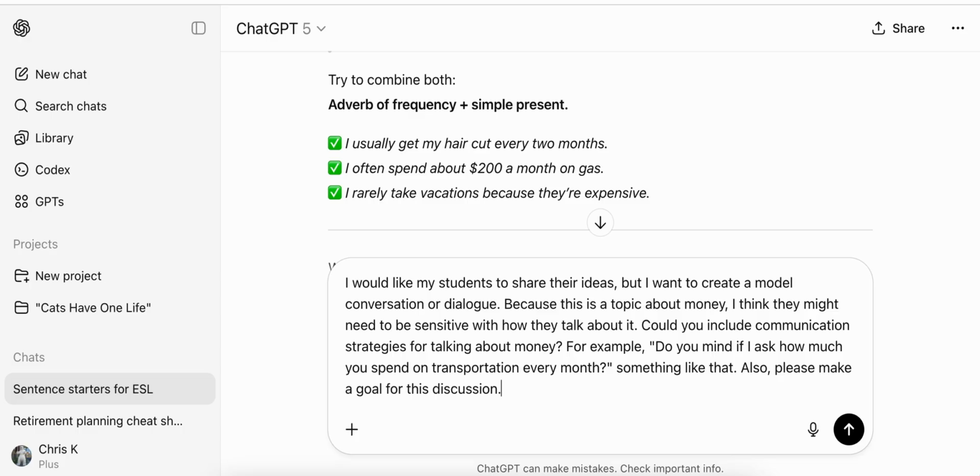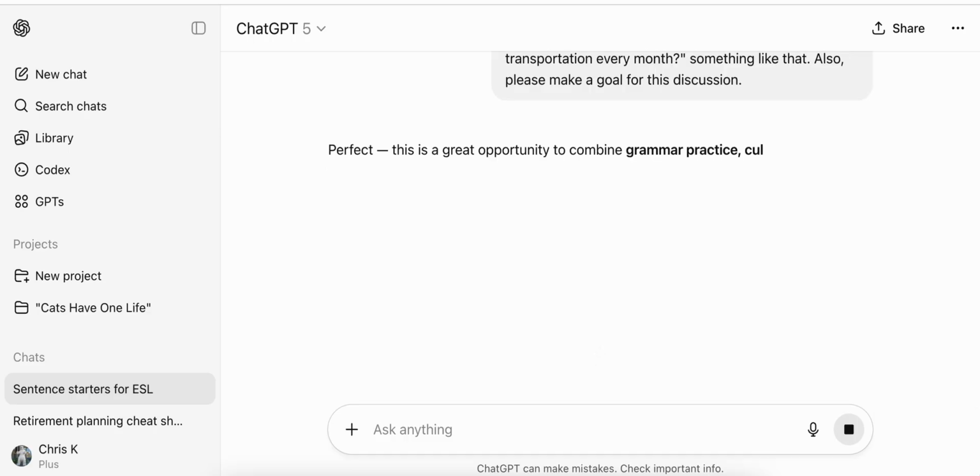And so maybe I want to make a goal for this discussion. So I want to have a communication strategy, so talking about something sensitive like money, and also maybe what is a goal for the conversation. So maybe a goal could be, please make a goal for this discussion. I don't know. We'll see what ChatGPT says.